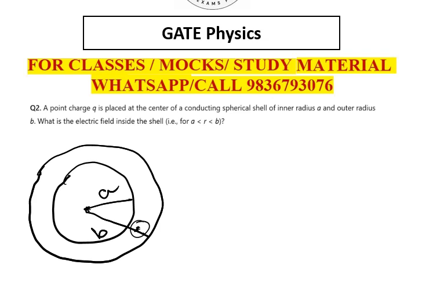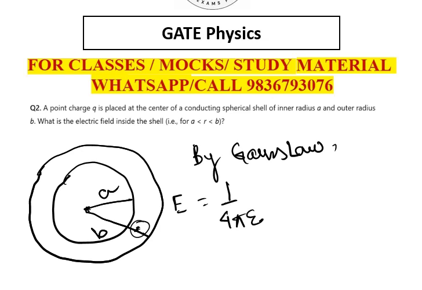By Gauss's law, we can write E equal to 1 by 4 pi epsilon naught into q by r square, where r lies between a and b.